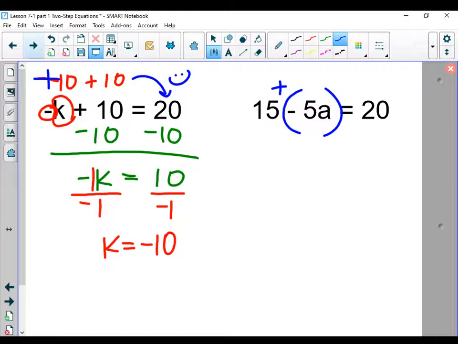When the variable is second, we have to use stuck like glue. Without stuck like glue, it looks like you should add 15 because there's a negative there. With stuck like glue, that wasn't actually subtraction. I am going to subtract now.